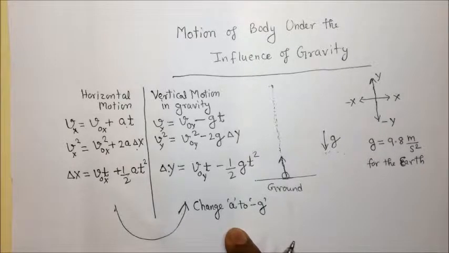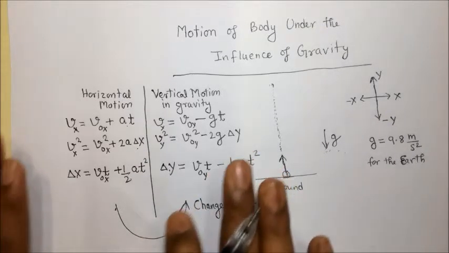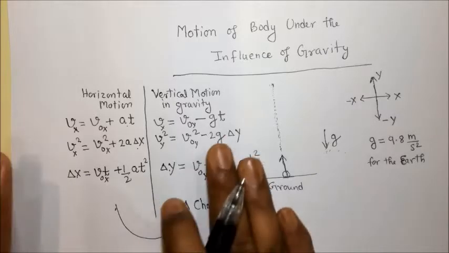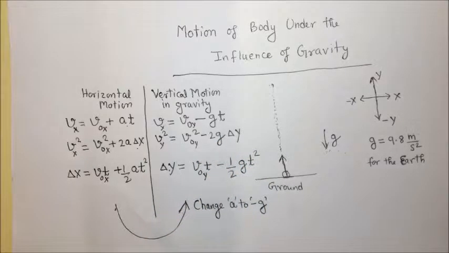In chapter 4 there is a motion at the same time along the x-axis and along the y-axis. So these two equations have to be dealt with simultaneously in chapter 4.